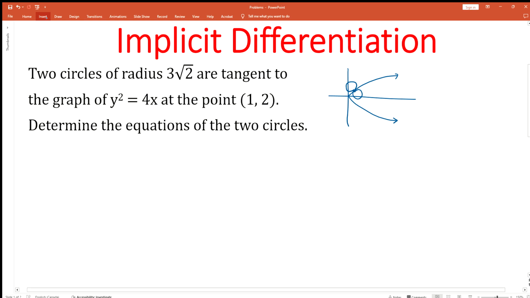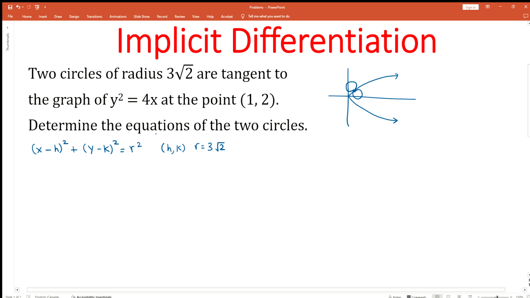We are given the radius of the circles. We are not given the center of the circles. The general equation of a circle in standard form is (x minus h) squared plus (y minus k) squared equals r squared. (h, k) represents the center of the circle and r is the radius of the circle. We are given that the radius is 3 square root 2.